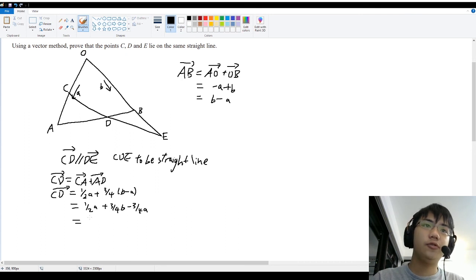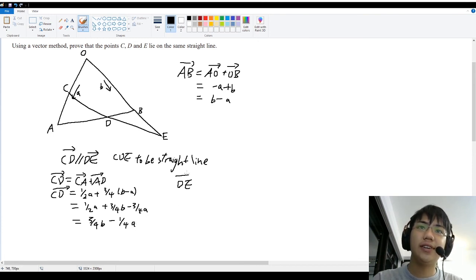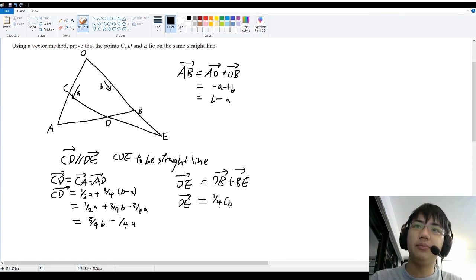So that's 3/4 b minus 1/4 a. As for DE, this vector over here, it is equal to DB plus BE. So DE equals 1/4 of b minus a.